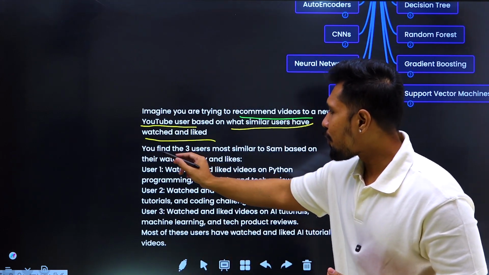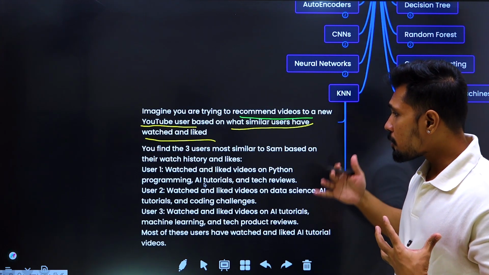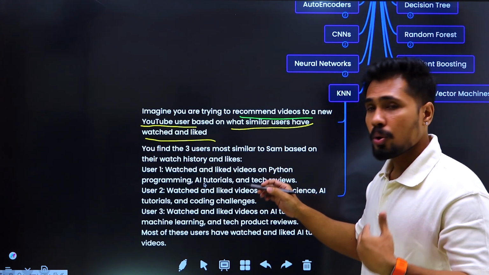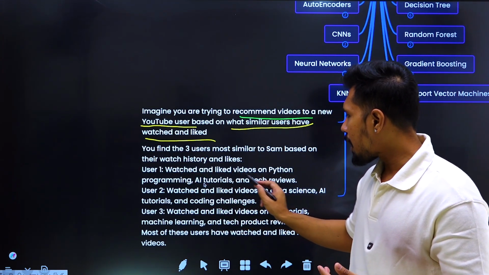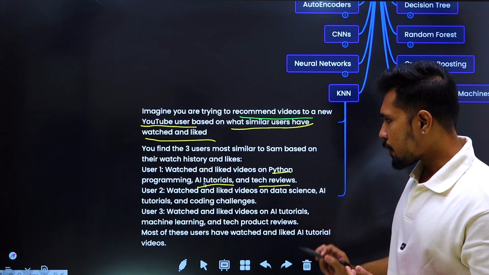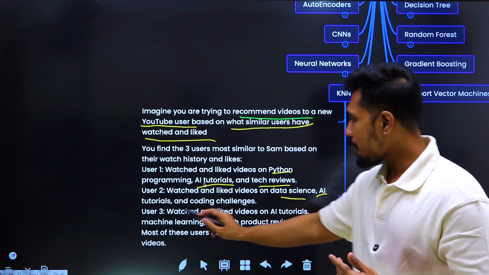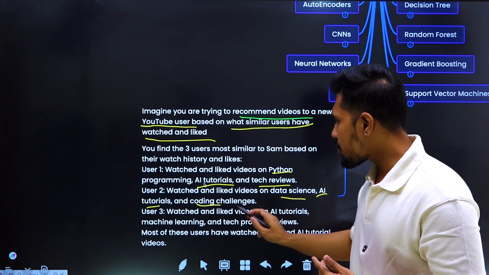So you find the three users most similar to, for example, me, Sam. Based on their watch history and likes, user 1 watched and liked videos on Python, AI tutorials and tech reviews. User 2 watched and liked videos on data science, AI tutorials, and even coding challenges.